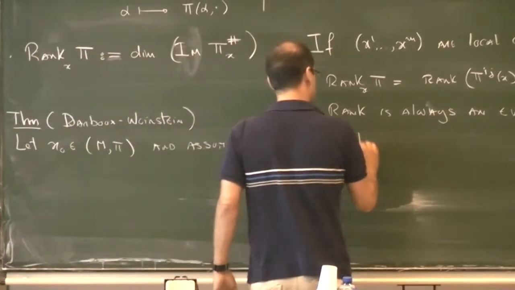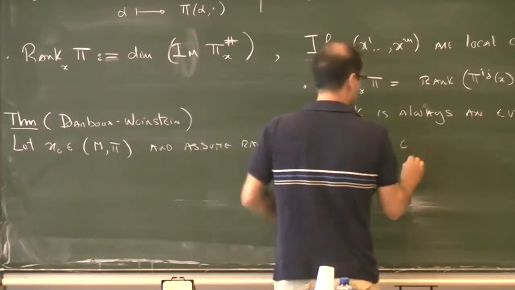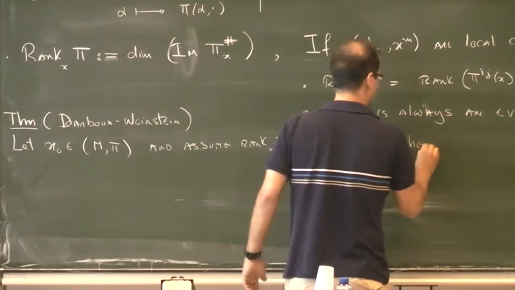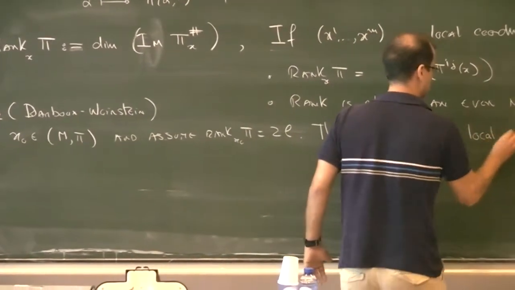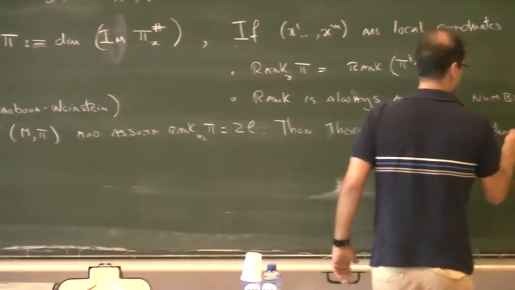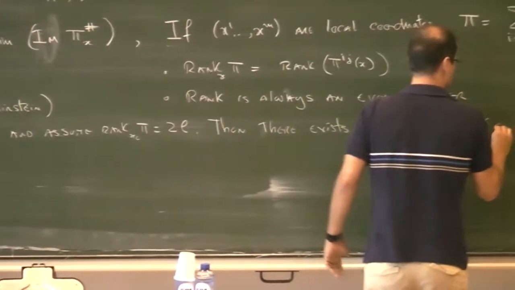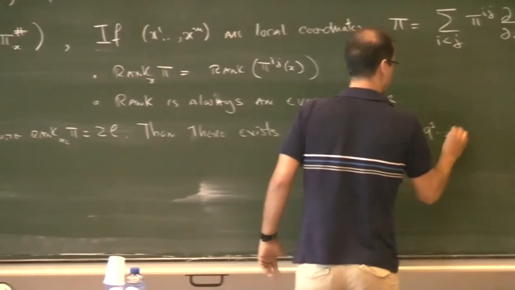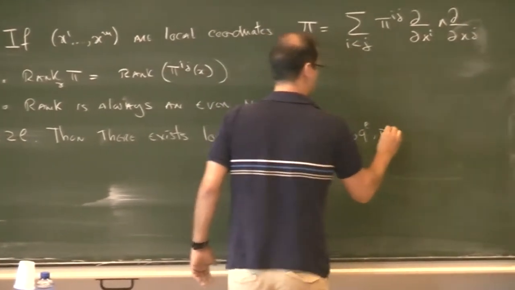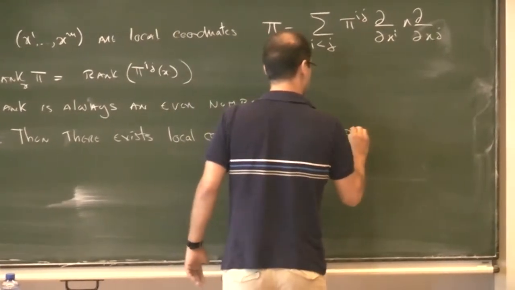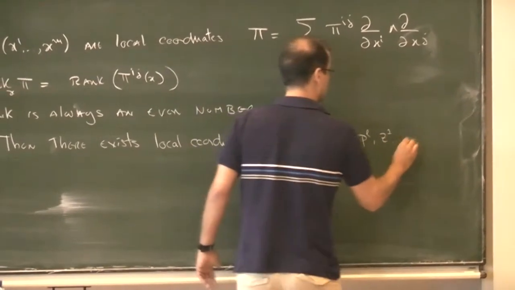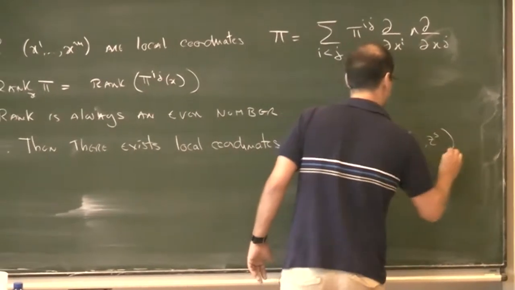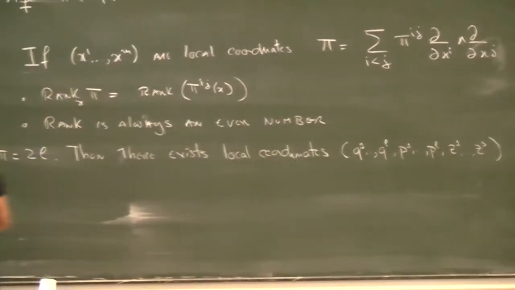Then the theorem states that there exist local coordinates q1, ..., ql, p1, ..., pl, z1, ..., zs, centered at this point.